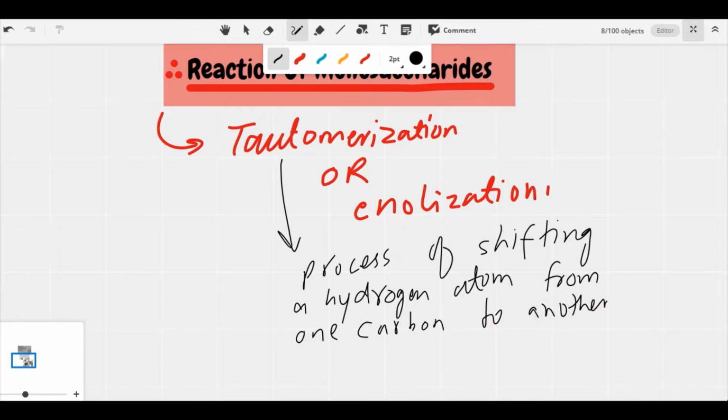So that will produce an enediol. Okay, so that process is known as tautomerization.